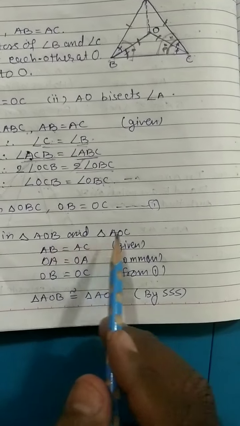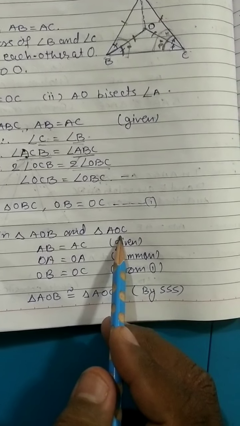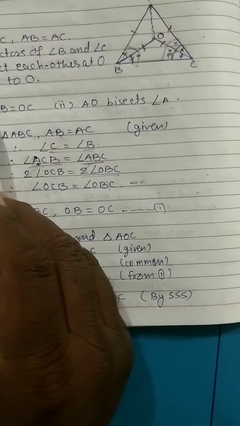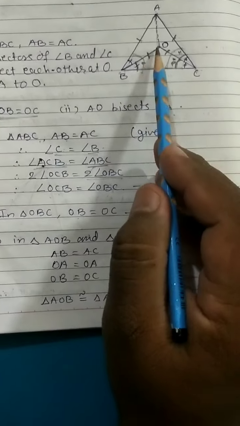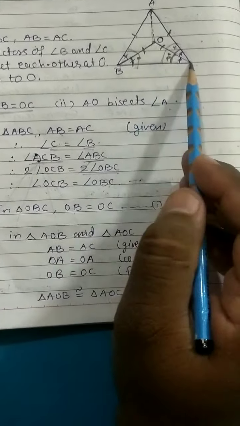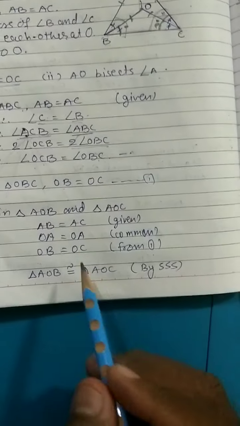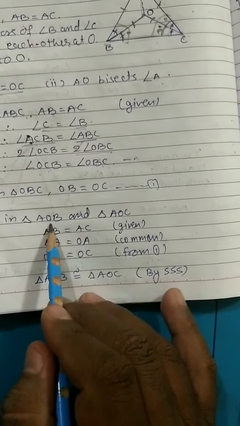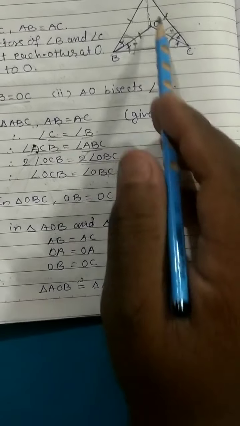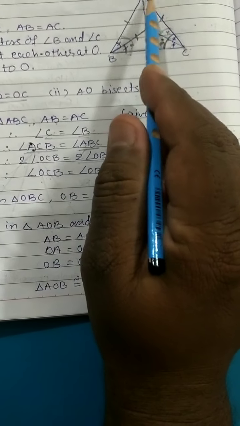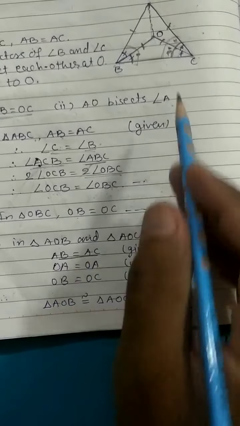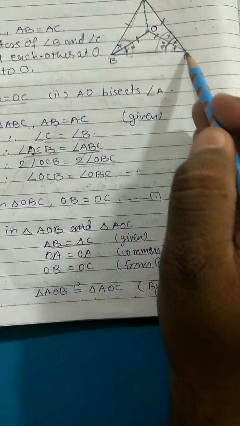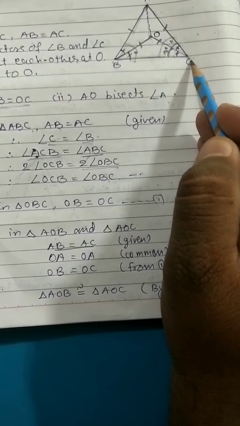Now in triangle AOB and AOC, first what we have to prove here, OB is equal to OC, right? This we have to prove. So for that you have to take this triangle OBC. Okay. In triangle AOB and AOC, we can say AB is equal to AC, which is given to us, right?